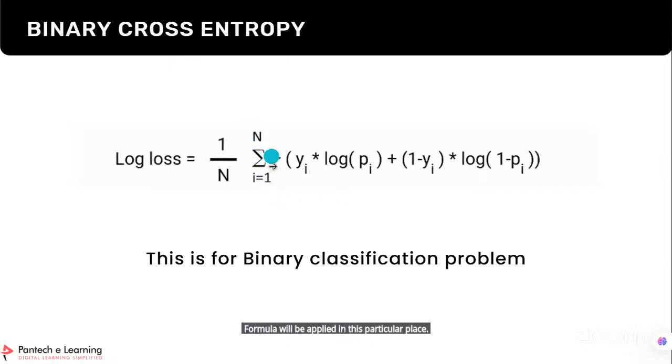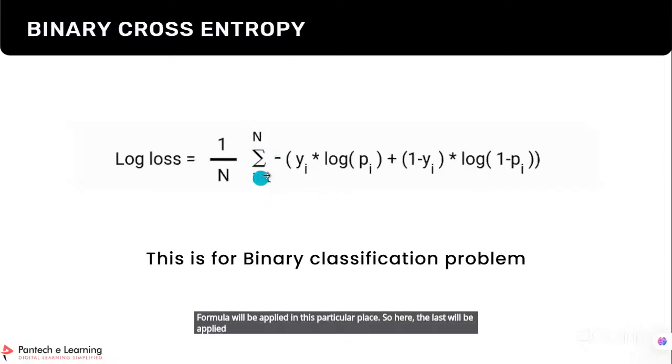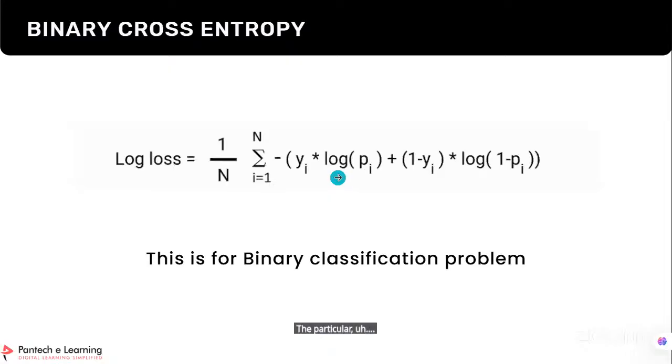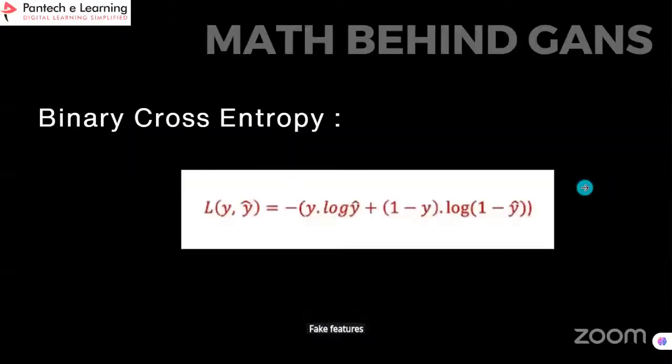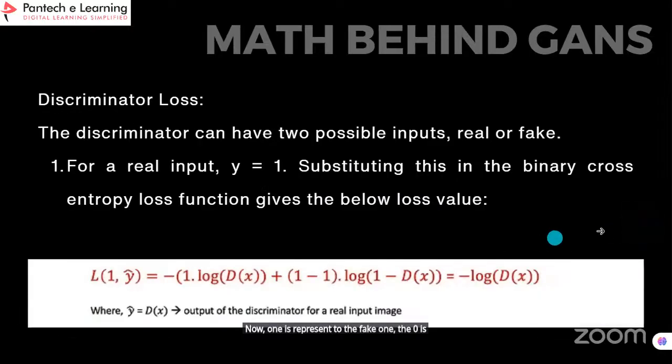So here the loss will be applied: minus y log p. The y represents the real features and the p represents the fake features. The one represents the real one, and the zero represents the fake one.